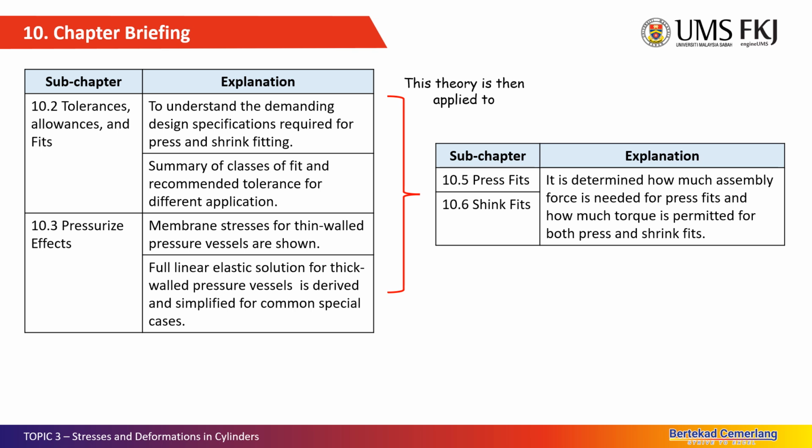So in this chapter we have several subchapters. For example, we have 10.2, 10.3 until 10.6. For 10.2, the subchapter is on the tolerance, allowance and fits. It is actually to understand the demanding design specification required for press and shrink fitting.